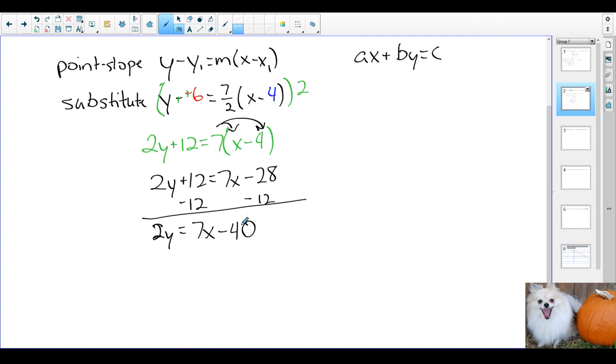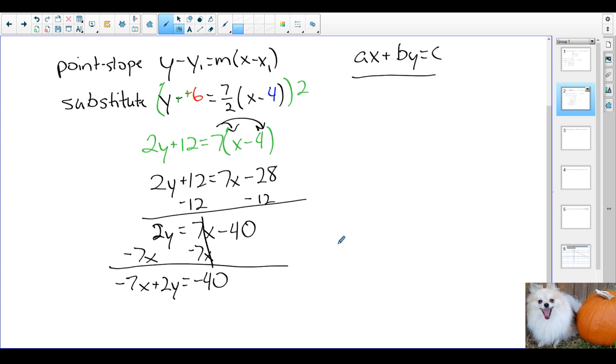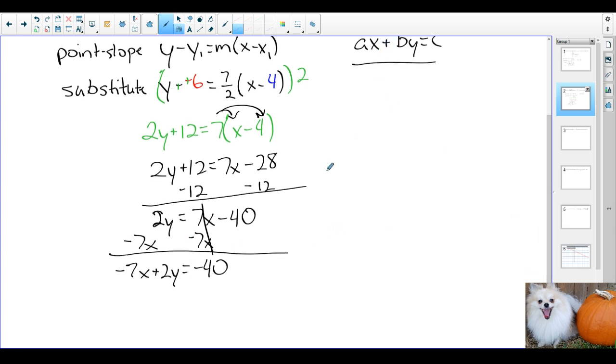Okay. We want to get x back to the other side because that's what standard form looks like. Remember, this is our goal. So we do minus 7x. That cancels out. So we have negative 7x plus 2y equals negative 40. So all we're doing at this point is just rearranging stuff so that it looks like standard form.